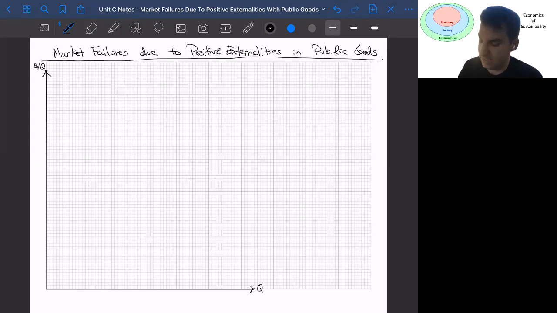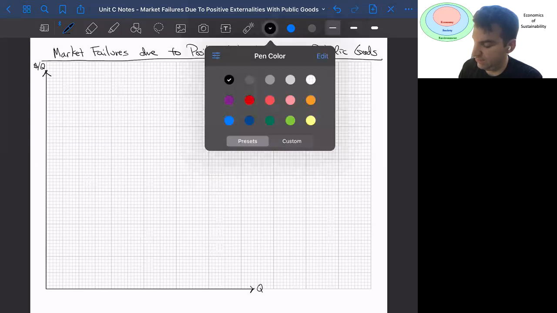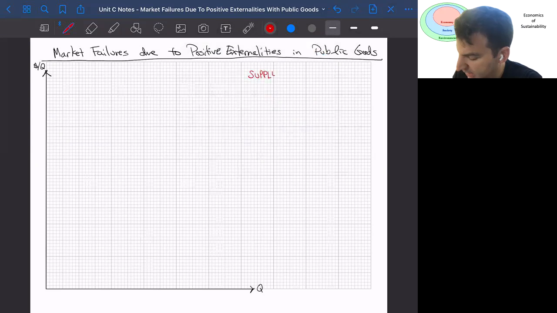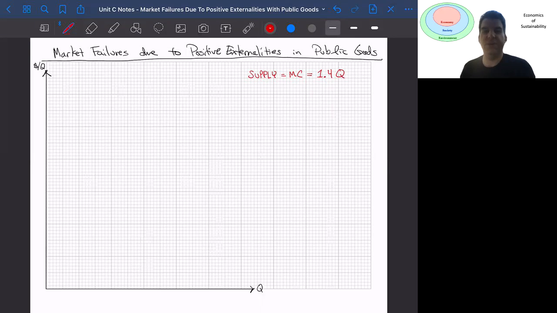Now, in the public goods here, for this simple model, we are going to assume that the supply is equal to the marginal cost of producing the public good, which in this case, I'm just going to say is equal to 1.4 times Q. For every unit of the good, you have a marginal cost of 1.4 times however many units are already being supplied.